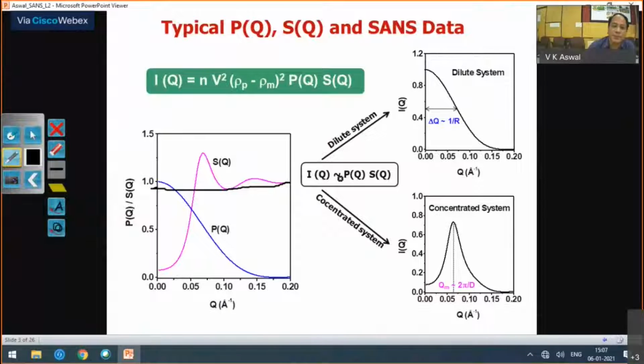So when you multiply S of Q with P of Q, mostly what you see is the first peak, which is called the correlation peak, and the other peaks get multiplied by the small contribution from the form factor at higher Q values. So they usually are not seen unless you have a long range order in the system. But even there, the later peaks coming at higher Qs will have less intensity, because they get multiplied by the form factor of the particle. So these will be the typical scattering patterns you see in the case of small angle scattering.